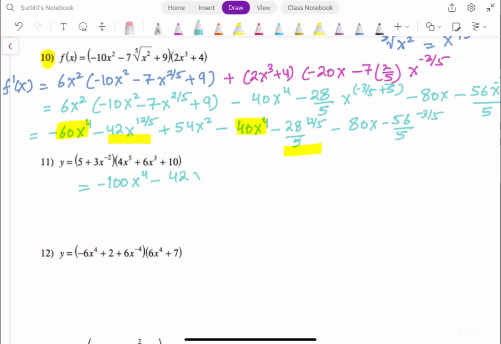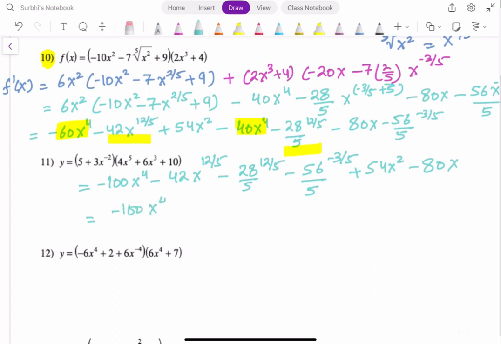So your answer will be negative 28 divided by 5 to the power of 12 over 5 minus 56 over 5 to the power of negative 3/5. And then I can write plus 54x squared minus 80x.